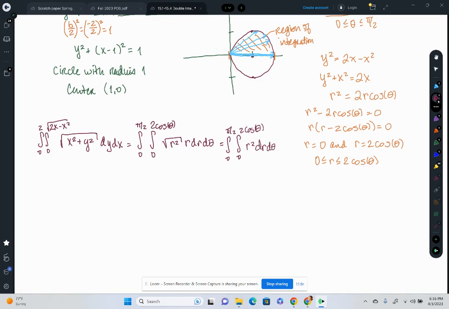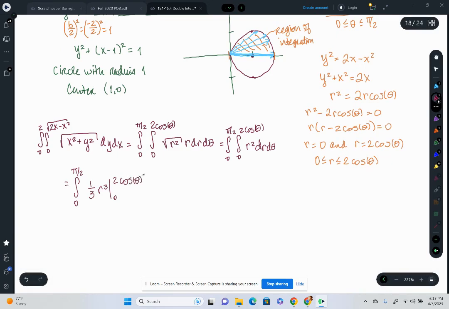Okay, we can go ahead and integrate. We still have the 0 to pi halves. We're focusing on the inner integral. Integrating with respect to r gives me 1/3 r cubed from 0 up to 2 cosine of theta.